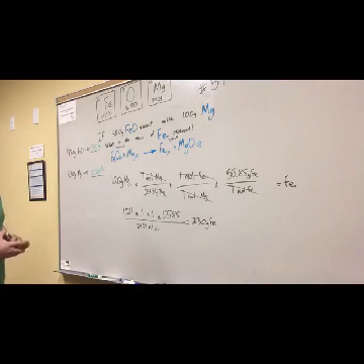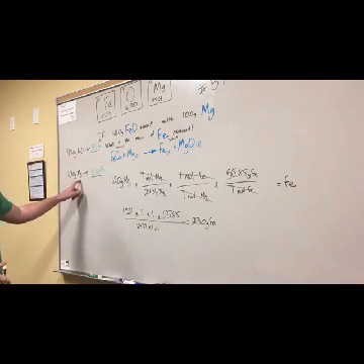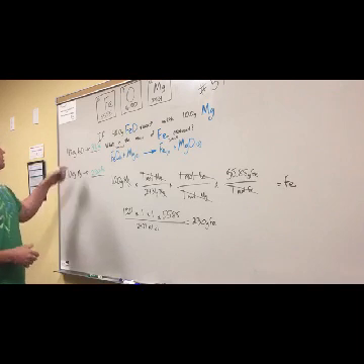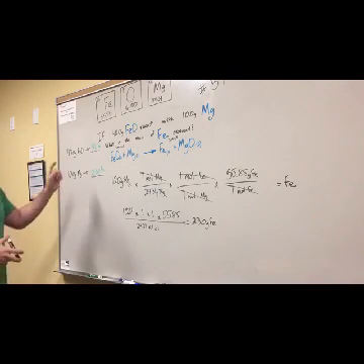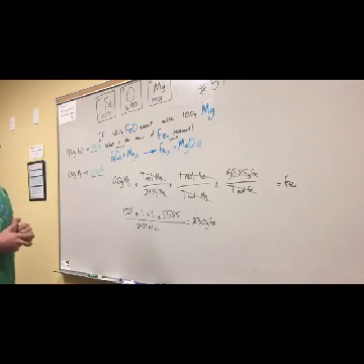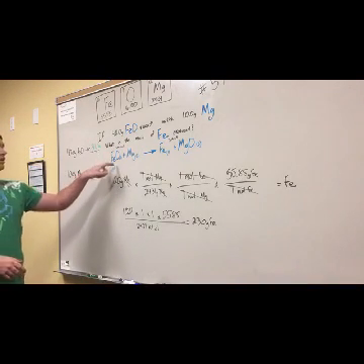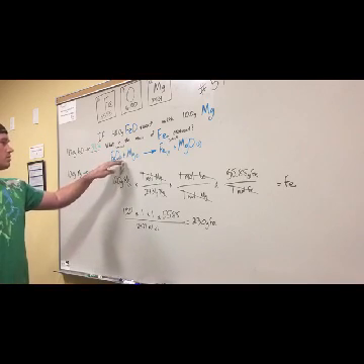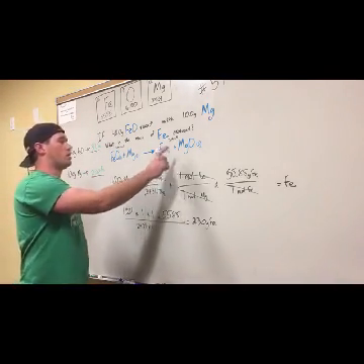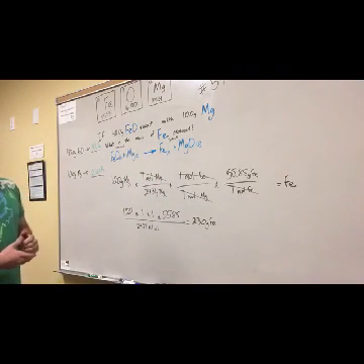Okay, so now that we've calculated that 10 grams of magnesium will yield 23 grams of iron, we know that 40 grams of iron oxide will yield 31.1 grams of iron. So basically we know that our reactants, the iron oxide plus the magnesium, will yield a product of our iron and our magnesium oxide.